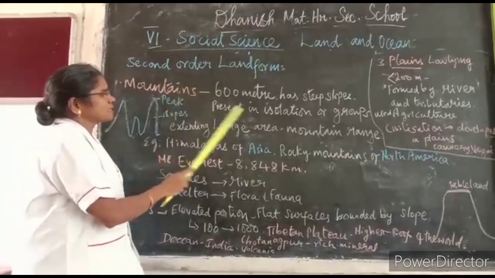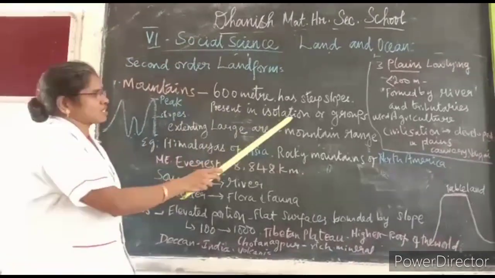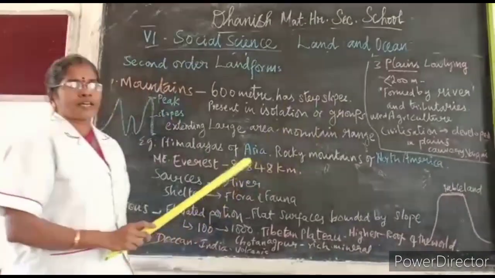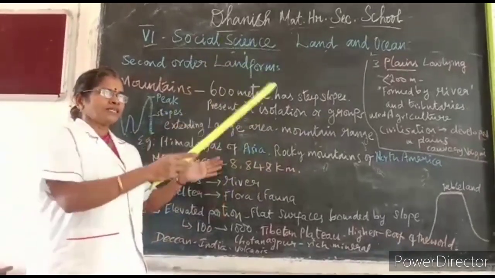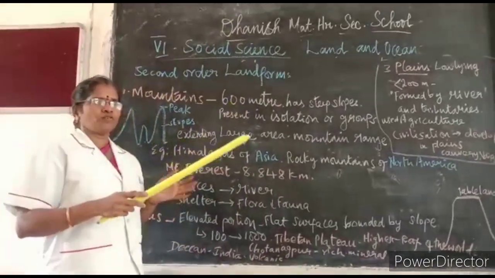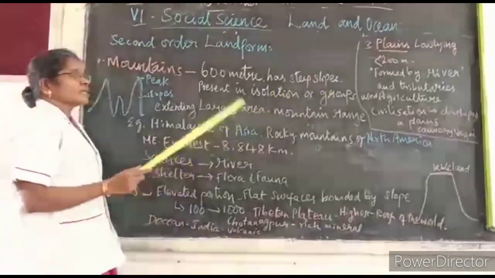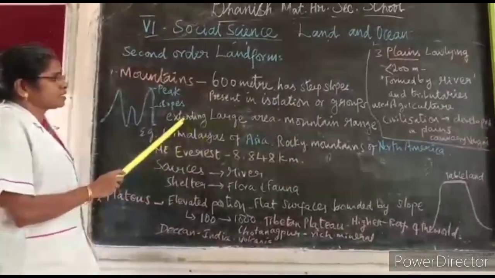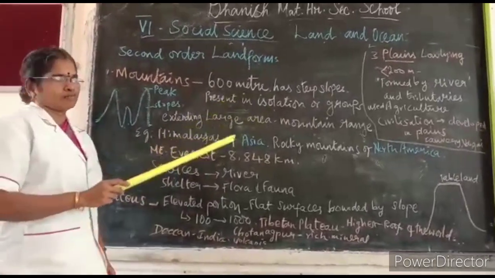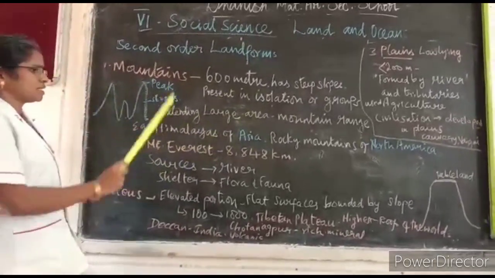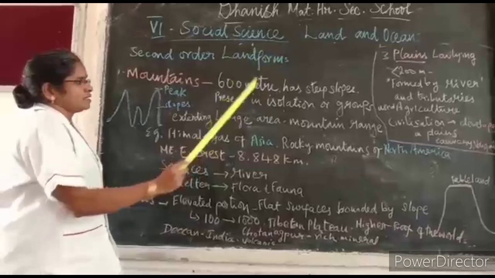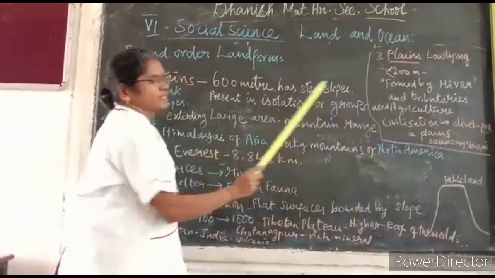These mountains can be present in isolation or in groups. Isolation means separately, a small mountain standing alone. If the mountains extend over a large area, continuing like that, we call that a mountain range.